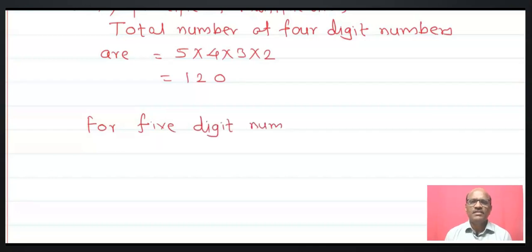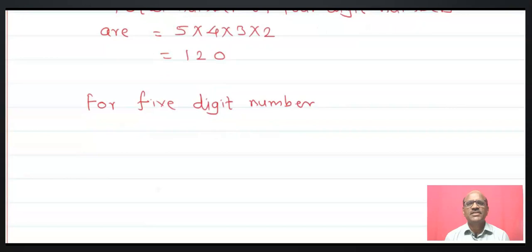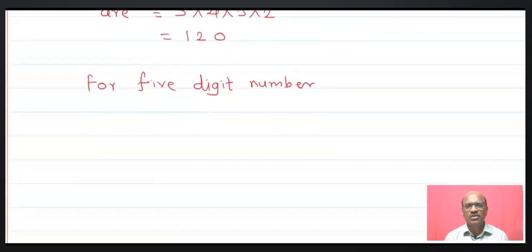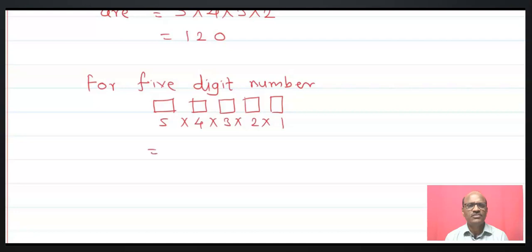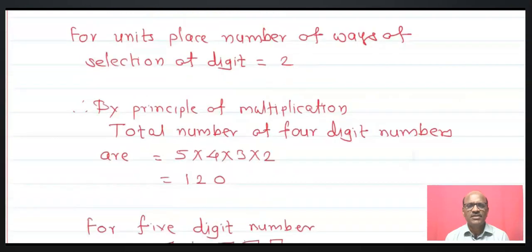Now for 5 digits, normal multiplication of all the numbers, this is the 5 digit, and already we have 5 into 4 into 3 into 2 into 1, that is equal to again 120.